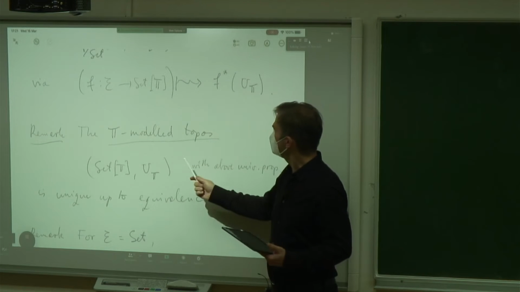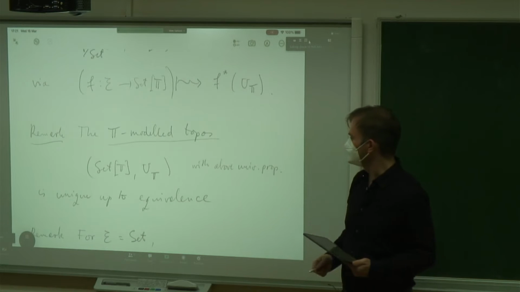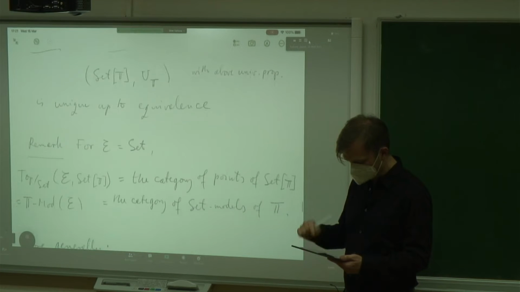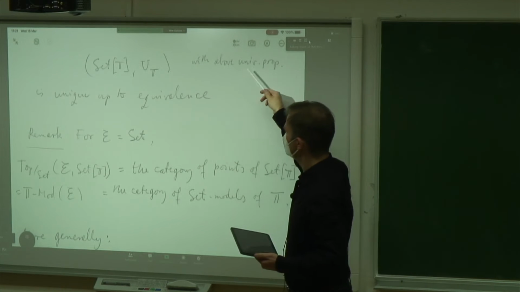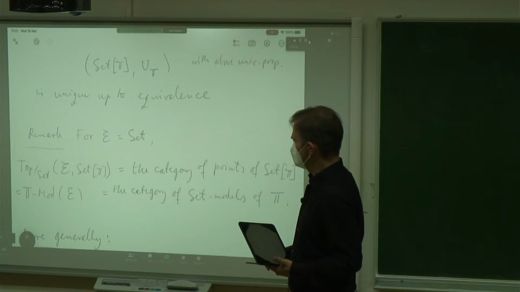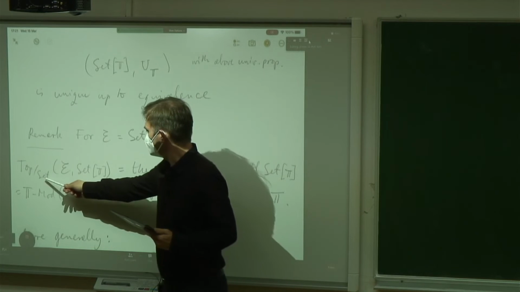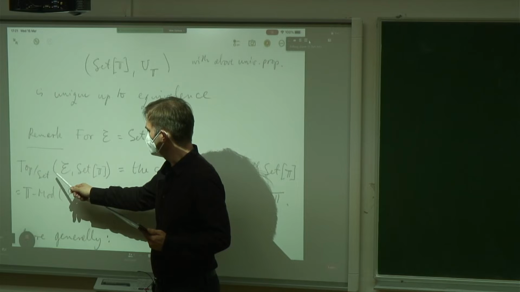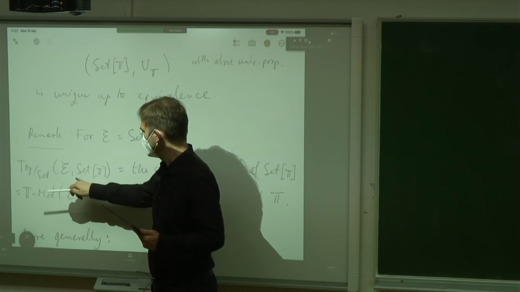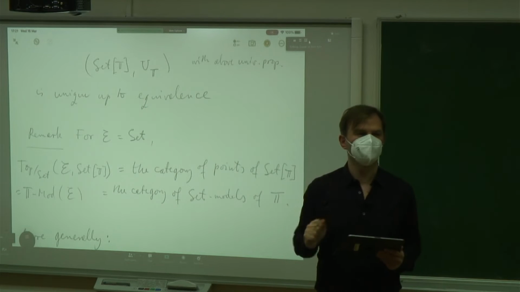Right, so the above universal property determines the classifying topos uniquely up to equivalence. And now what I wanted to say is, when you specialize the above property to the case of sets, then this becomes the category of geometric morphisms from Set into this topos, and that is what we call the category of points of a topos.